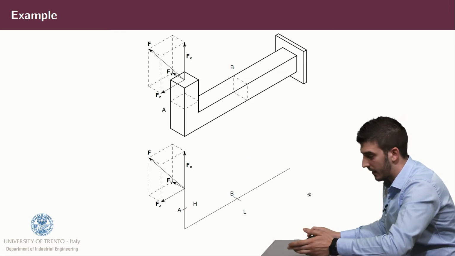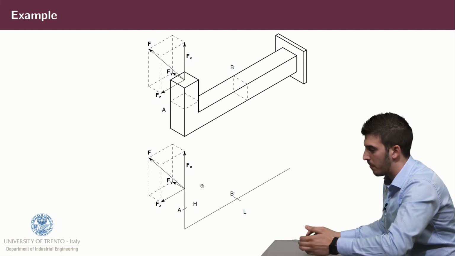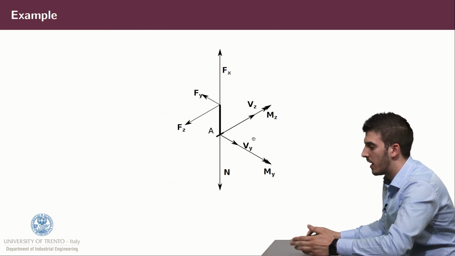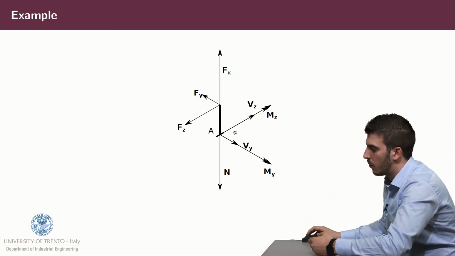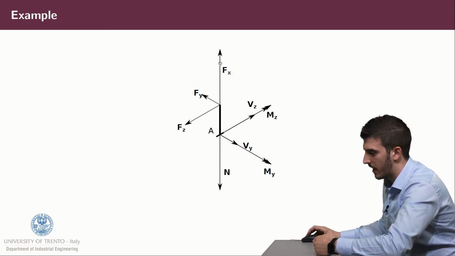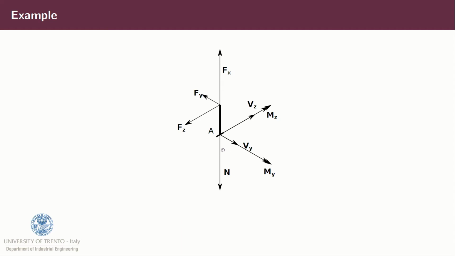If we cut our beam at position A, we will have a smaller beam with the previous forces Fx, Fy, Fz, and the internal reaction forces, so N, Vz, Vy, the moment My, and the moment Mz. And we can compute all these reacting forces.